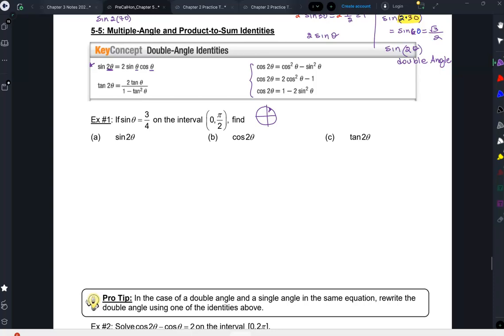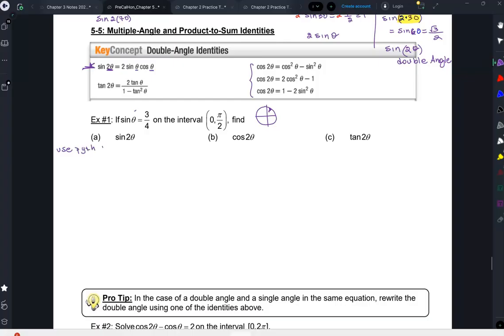So use these identities. If you look at the identities in this box, each of these is like a recipe. The one for sine of 2 theta calls for sine theta and cosine theta. Now, I have sine theta. I don't have cosine theta. For this, I need to use the Pythagorean identities.